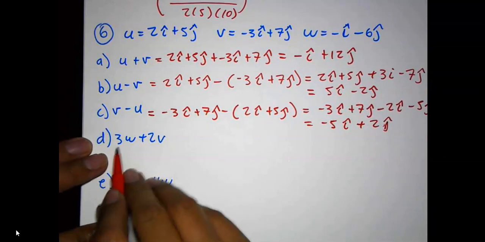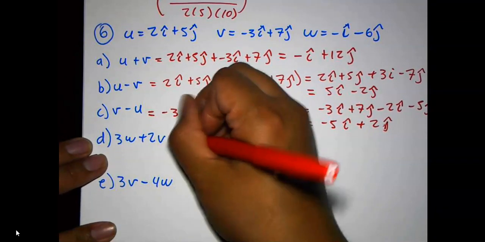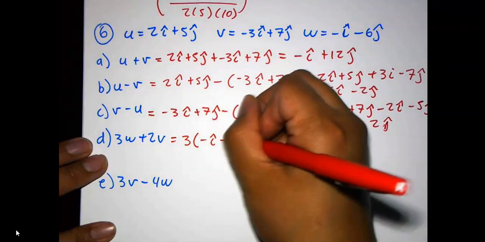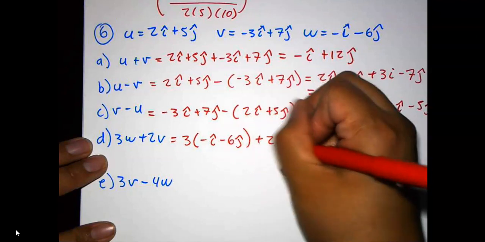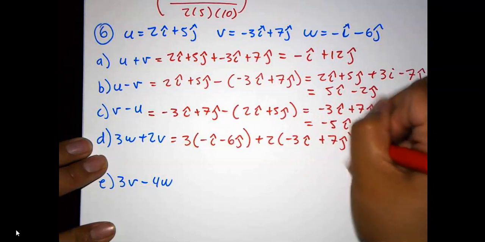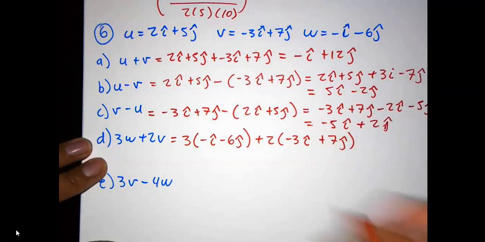Next one, we need to distribute the 3. I got 3 times negative i minus 6j plus 2 times negative 3i plus 7j. Be very careful, we need to distribute first.